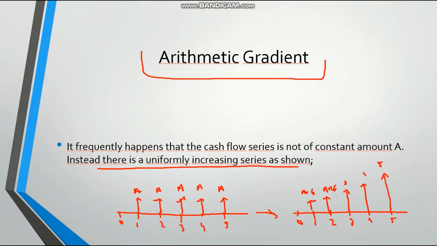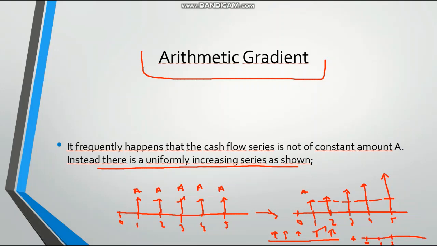But normally, let's go back. We start from here as A, and we divide it into A terms: A the first year, second year, third year, fourth year, and fifth year. Then the increase: in the first year there is nothing. As an arithmetic gradient, the 0th year has nothing, and the first year has nothing as well.